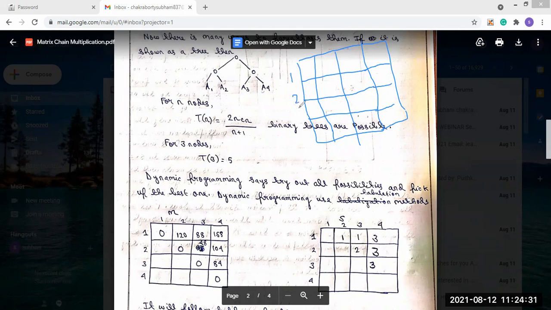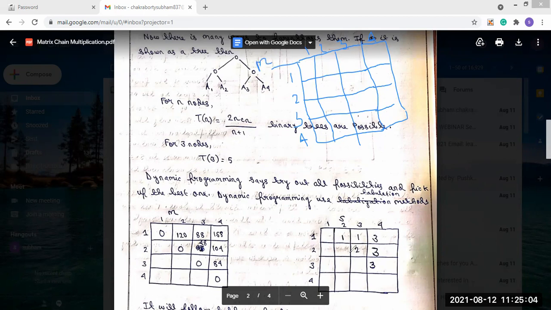This is 1, 2, 3, 4, and this is also 1, 2, 3, 4. Now 2 matrices like this should be prepared. We have given the name of this table as M, and for S, we have also prepared a table like that.